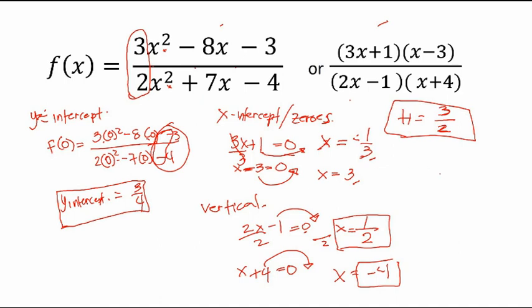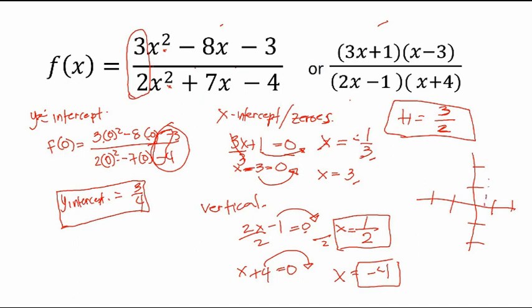So, kapag ginraph mo yan, graph natin. Halimbawa lang, kunyari lang straight yan. Kunyari, 1, 1, 2. Ilagay mo muna si asymptotes kay 1/2 dito.